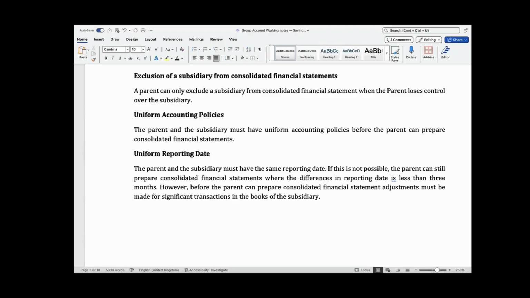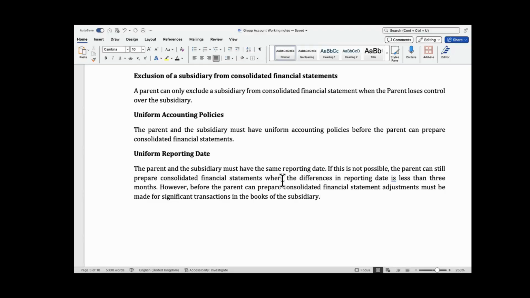So we need to make some adjustment for significant transactions. So we expect them to have the same reporting dates, but if that is not possible, they can go ahead, provided the difference in reporting date is less than 3 months.